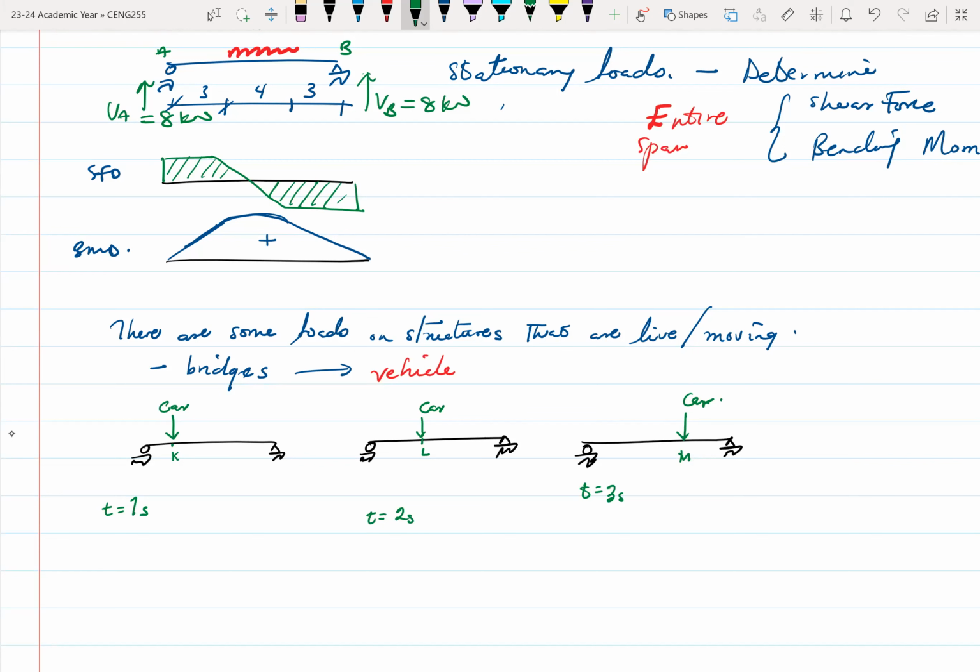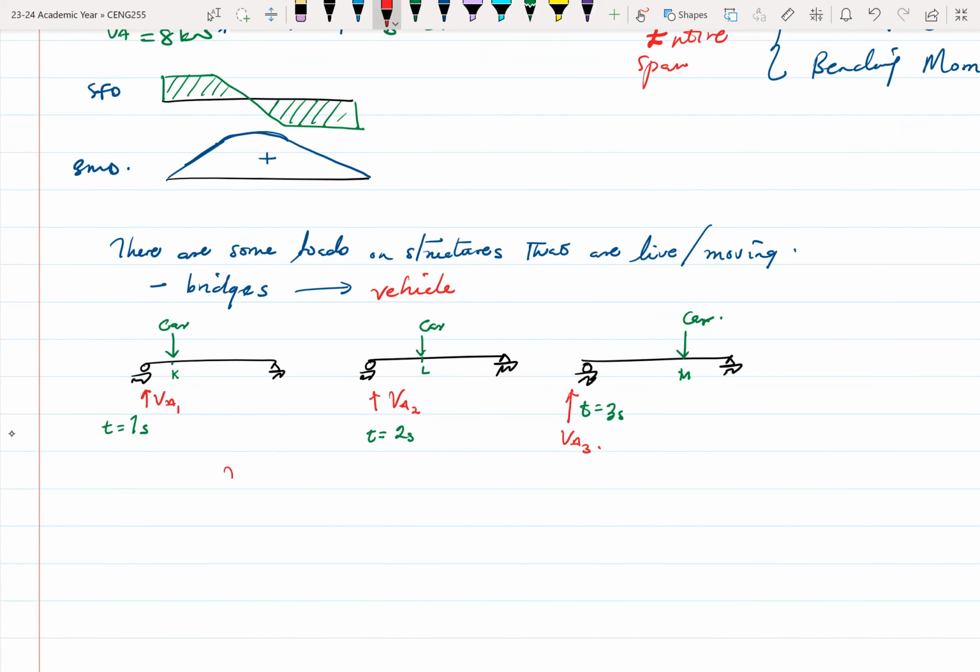So at t equals 1 second, you have VA, which we call VA1. At t equals 2 seconds, you have VA2. At t equals 3 seconds, you have VA3.